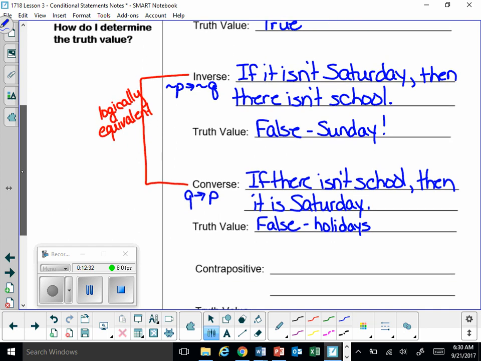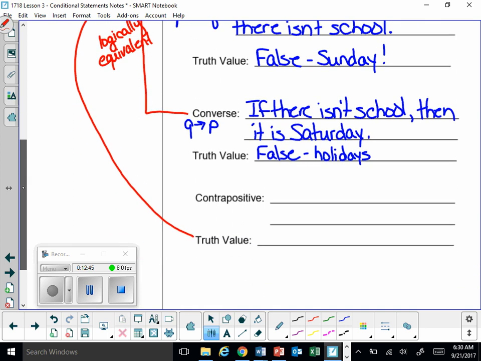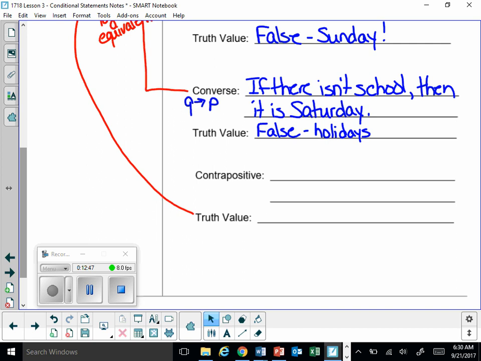Now finally, we're going to have the contrapositive. And again, my conditional statement and my contrapositive are logically equivalent to each other. The conditional statement was true. That means this contrapositive had better come out to be true. Let's check it out and see if it happens. So with the contrapositive, we switch and negate. Not Q, then not P. So let's see here.